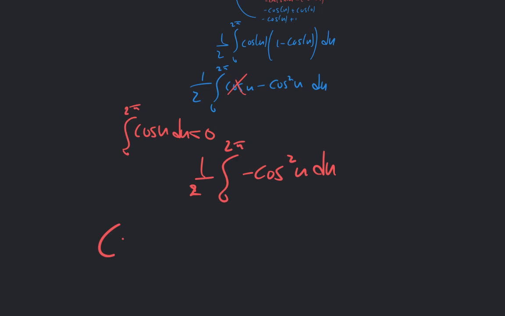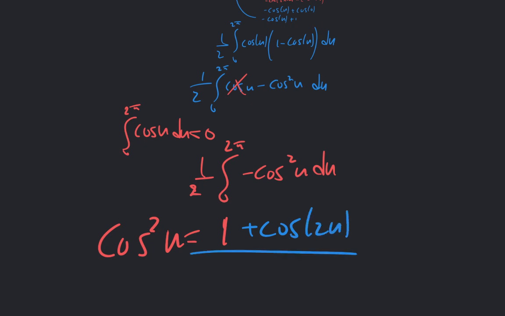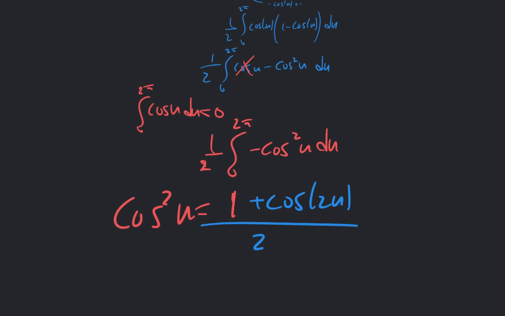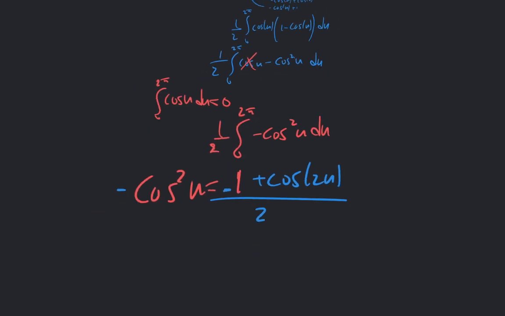So the next step we're going to do is use this identity, cosine squared u is equal to 1 plus cosine of 2u divided by 2. If we take the negative of that, we just get the negative of that.